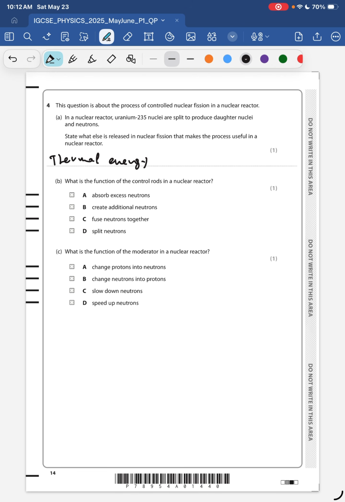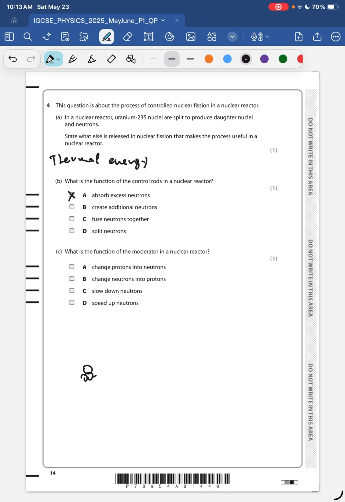Part B, what is the function of the control rods in a nuclear reactor? So the control rods absorb excess neutrons pretty much. So option A is the correct one. And they are absolutely needed to absorb extra neutrons so that the reactor doesn't explode pretty much. Is there anything else I want to say here? You guys know the general idea, right?